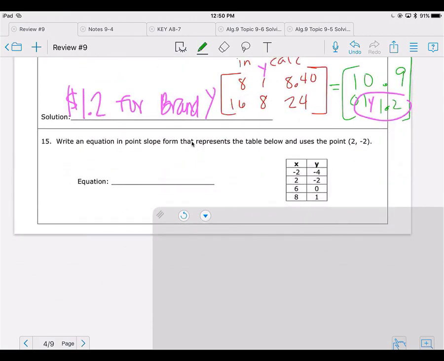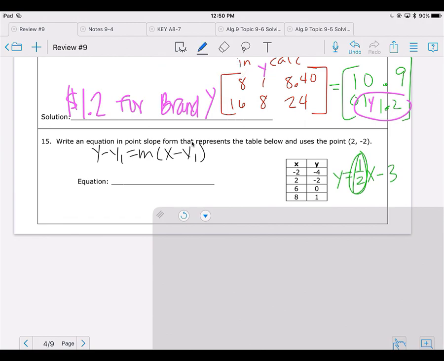15 asks me to write an equation in point-slope form that represents the table and uses the point 2, -2. So when I put this into stat edit, I get the equation 1/2 x minus 3. In order to use point slope again, it's y minus y1 equals m times x minus x1. So I need my m, x1, and y1.